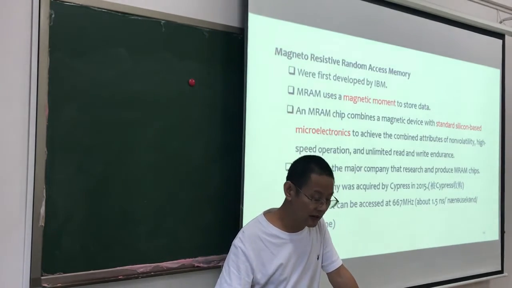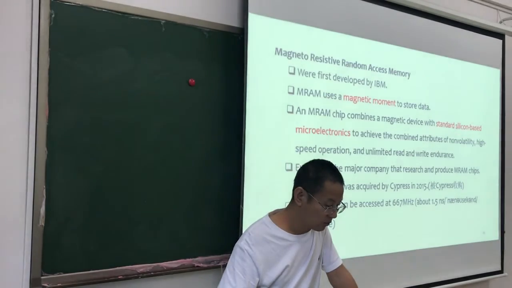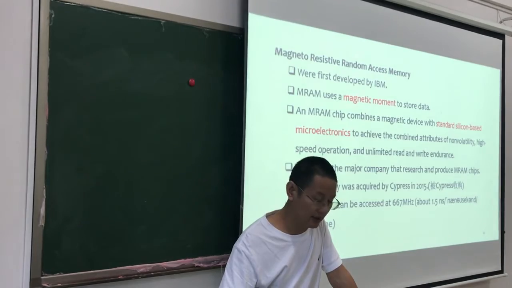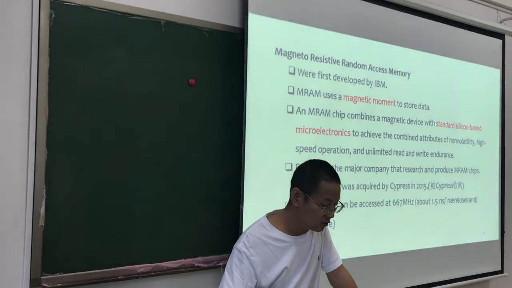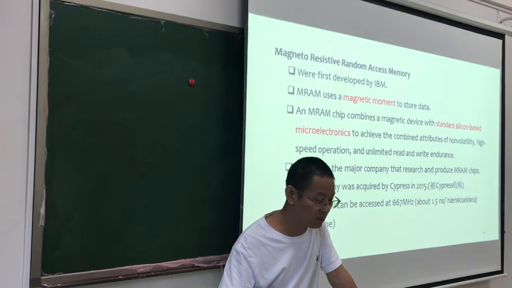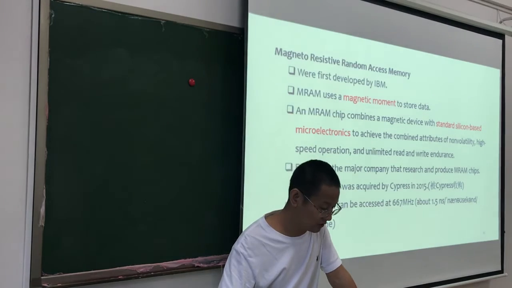Magnetoresistive random access memory was first developed by IBM. MRAM uses a magnetic moment to store data.